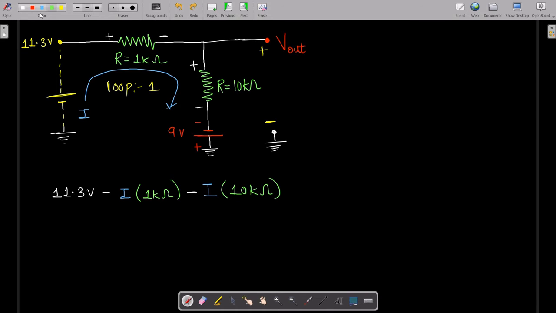This is my trick. Obviously it depends from person to person, there are different tricks to apply. So I will consider it as plus 9 volts, and the whole thing equals 0, correct? Now if you look very clearly, these two terms look somewhat similar, this one and this one. So you will move these two terms to the RHS and keep this term on the LHS.